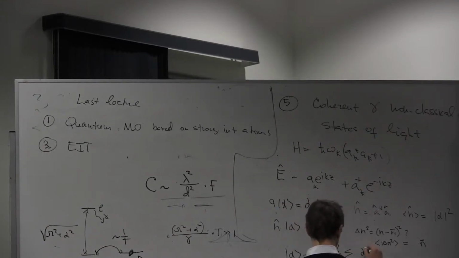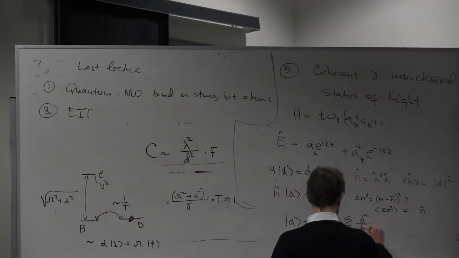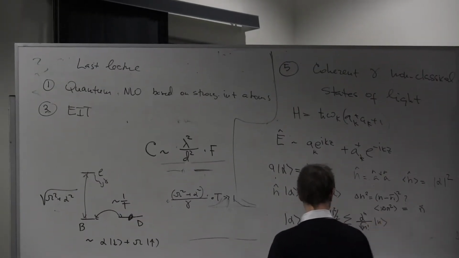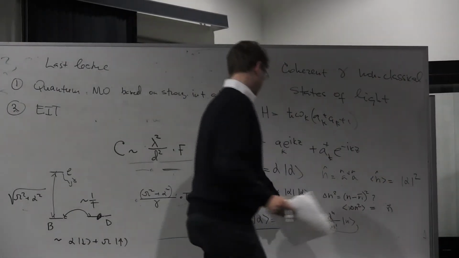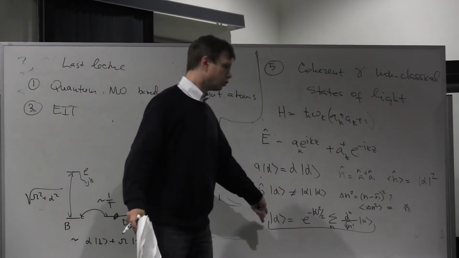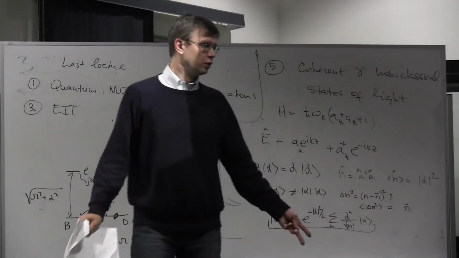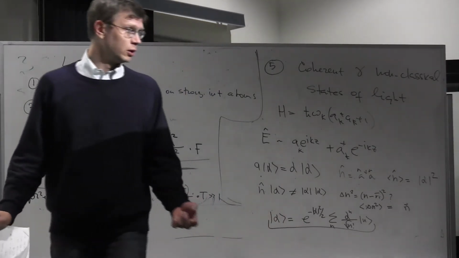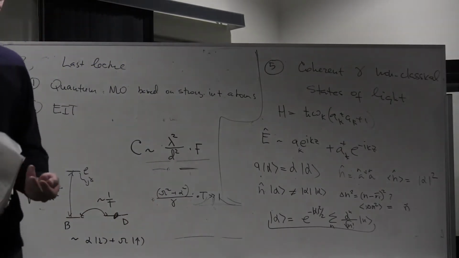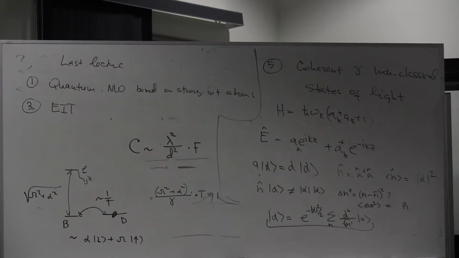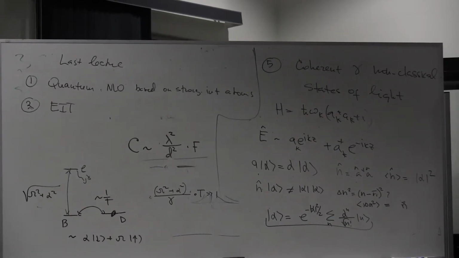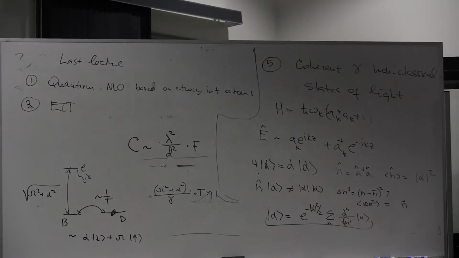So in fact, the expansion looks like this. And so what you see is that, from here you can, for example, see that the photon number distribution in this coherent state will correspond to a Poissonian distribution. So in other words, if you take this state and make a measurement of the photon number multiple times, you'll get slightly different results, right?